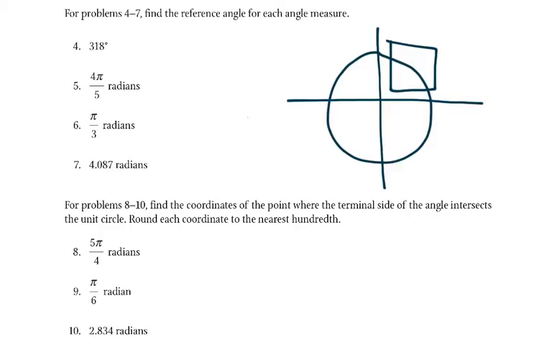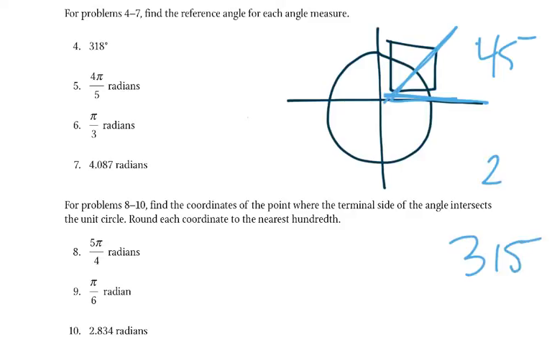So here's an example. An angle that was 45 degrees would go right there. What if I did an angle that was 315, which is actually close to the one we're doing?